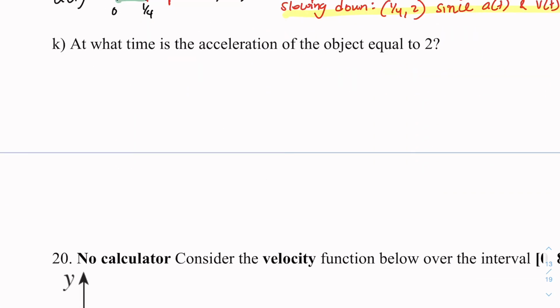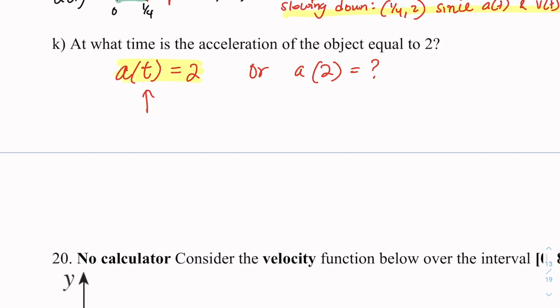Okay, part K. At what time is the acceleration of the object equal to 2? So I'm going to write two things. You decide which one is the correct interpretation of the problem. And I want you to be very careful about where I'm putting the 2. So are we setting up this and solving for t?